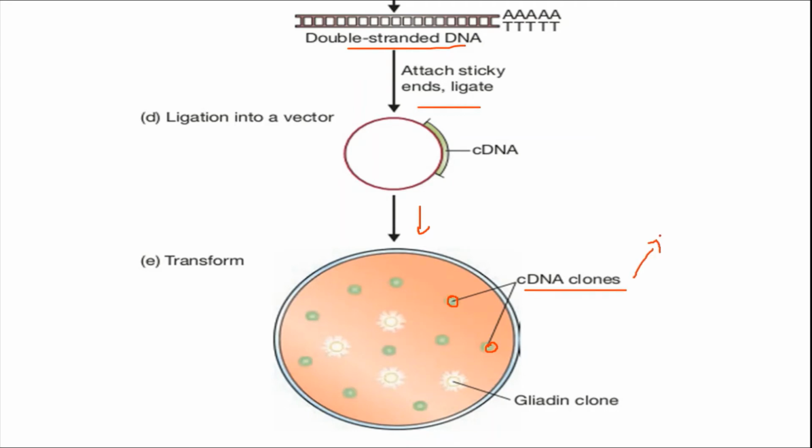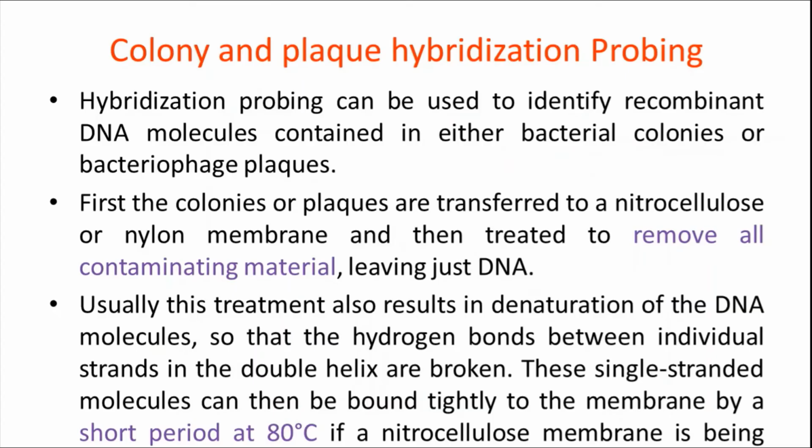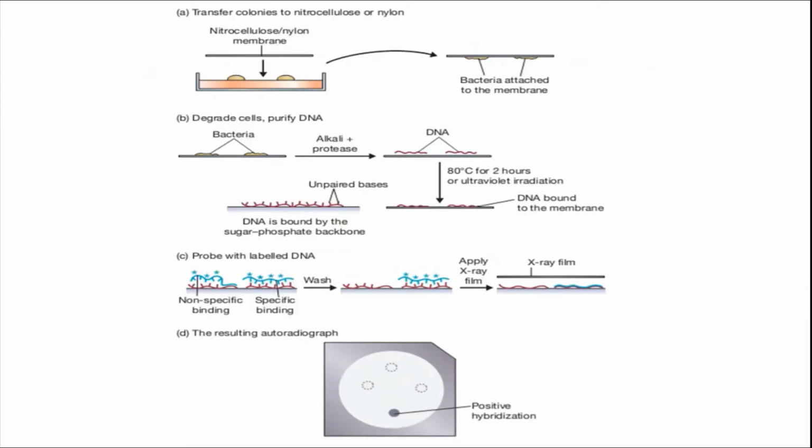Then in the next slides, how we identify using the DNA probing method. This is a very interesting method to explain in detail here. Just go through this slide, and then go to the previous slides, so it is easy to understand.